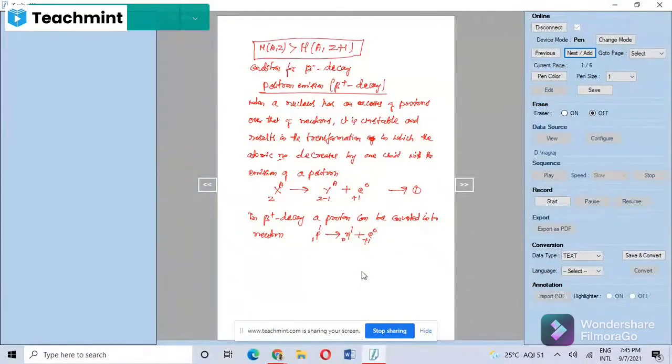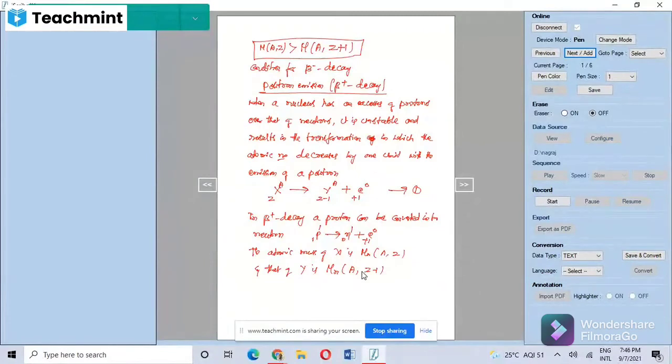Now, when you look at equation number 1, the atomic mass of X is Mn of A comma Z, and that of Y is Mn of A comma Z minus 1.